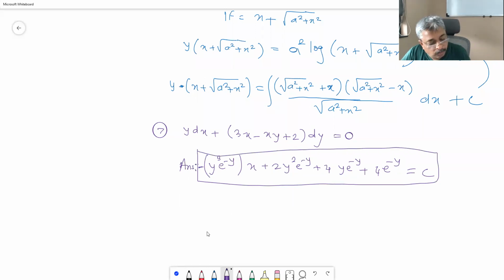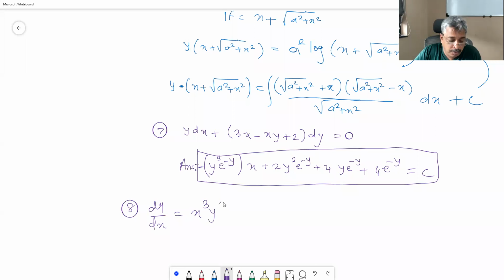Okay. Suppose before telling you a little bit of theory, I give you a problem. Let me see if you can solve. Maybe problem number 8: dy by dx is equal to x cube y cube minus xy.